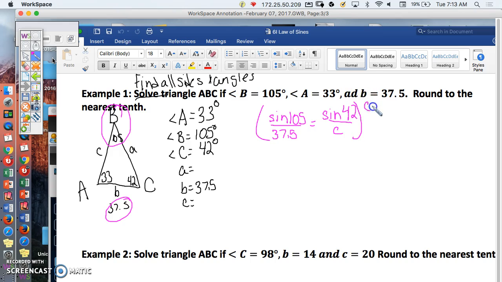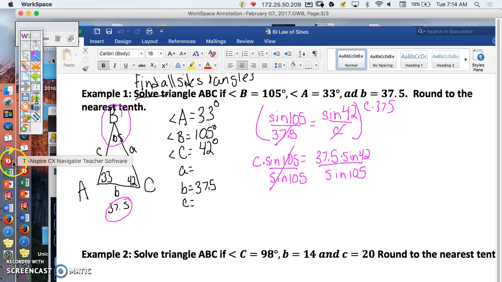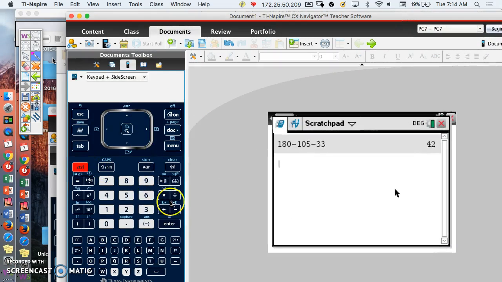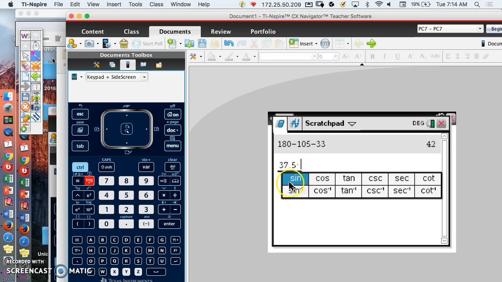Well, if we cross multiply, we have c times the sine of 105 equals 37.5 times the sine of 42. Solve for c by dividing by the sine of 105. So we go back to our calculator. 37.5 times, was it the sine of 33?